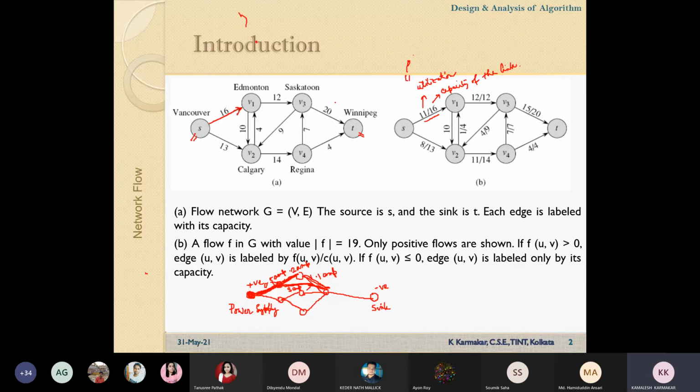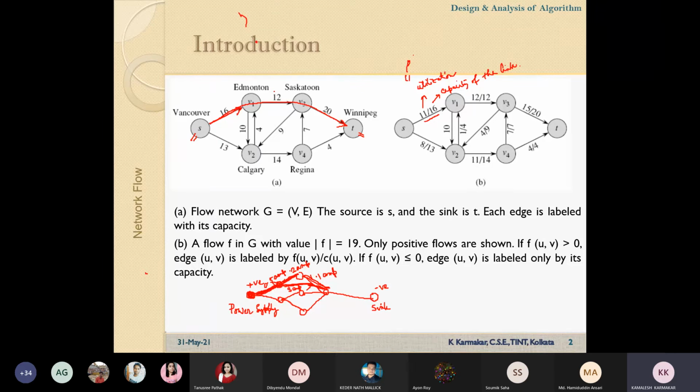This is the initial graph which is given. This is a path through which source and sink are connected. What can be the maximum flow of this path? 12. The minimum value is 12, so 12 is the maximum flow through this path.